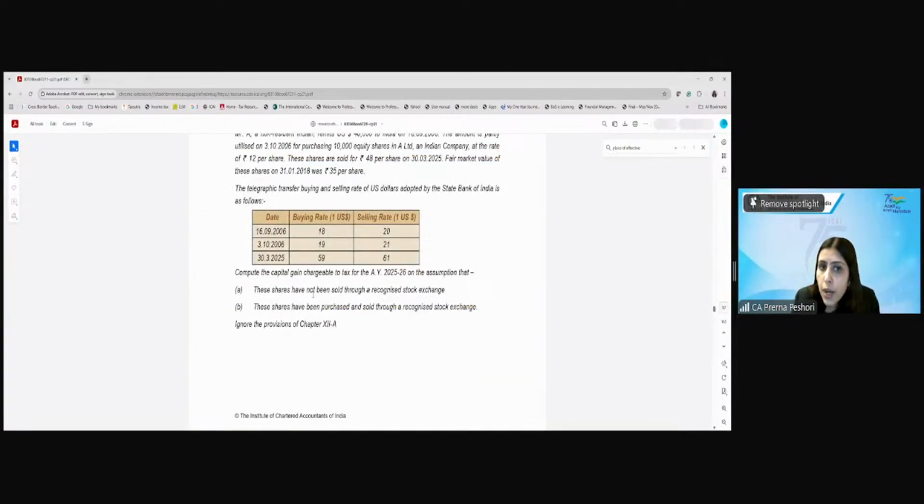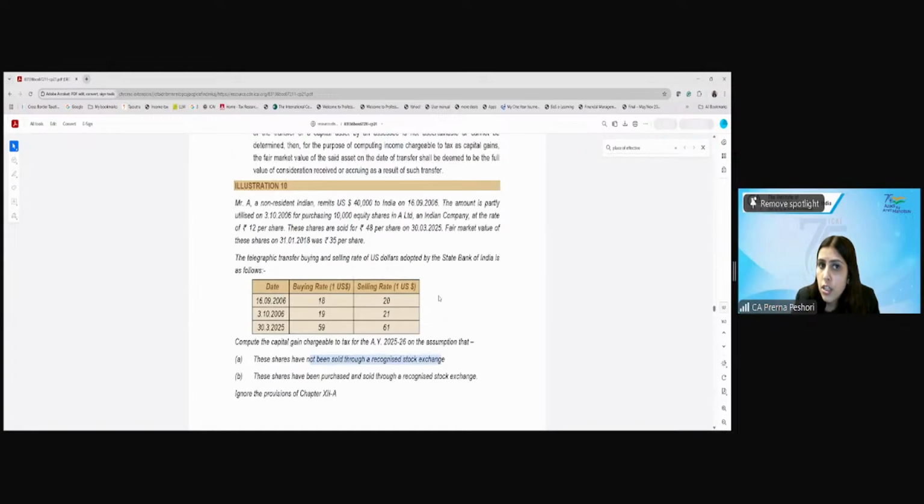So that's the reason why when they say that it has not been sold through recognized stock exchange, then only you will be able to get it. If it's an unlisted security, still you will not get it. It is when not sold through recognized stock exchange, you have done an off-market transaction where 112A is not applicable. In that case, only you will get the first proviso.